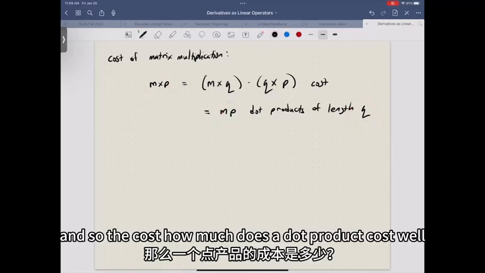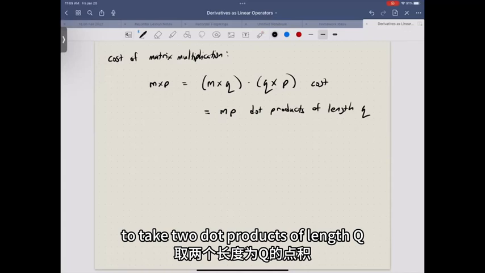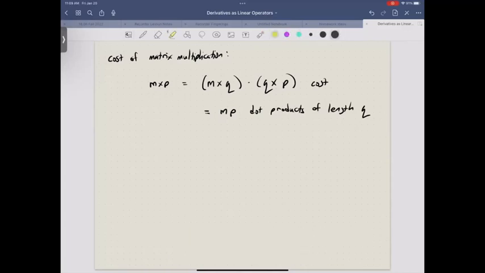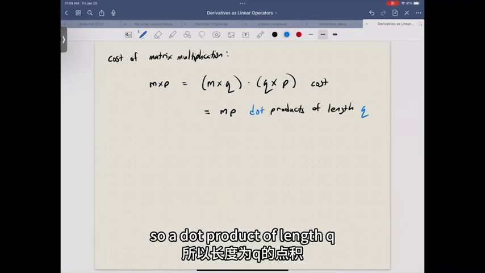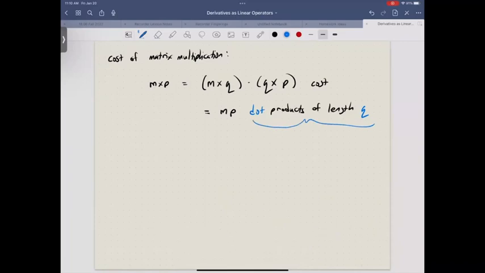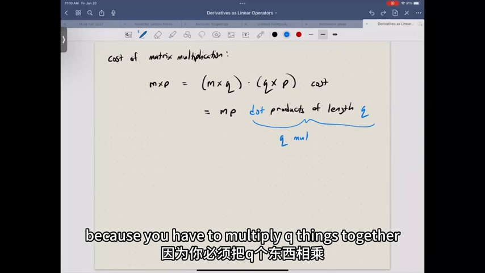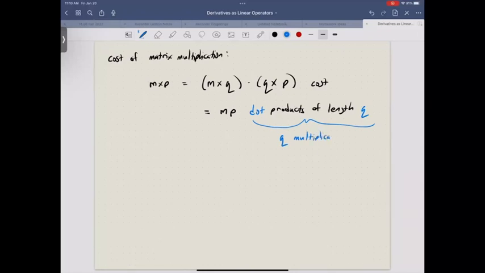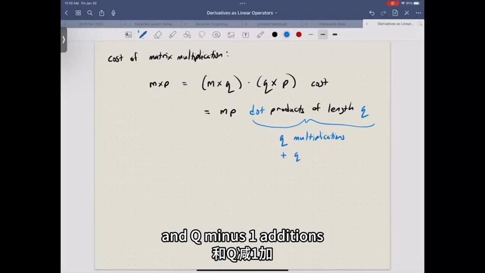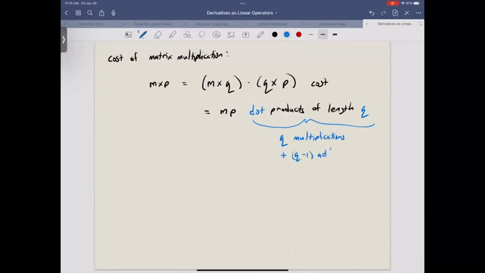And so the cost: how much does a dot product cost? A dot product of length Q costs Q multiplications, because you have to multiply Q things together, and Q minus 1 additions of scalars.